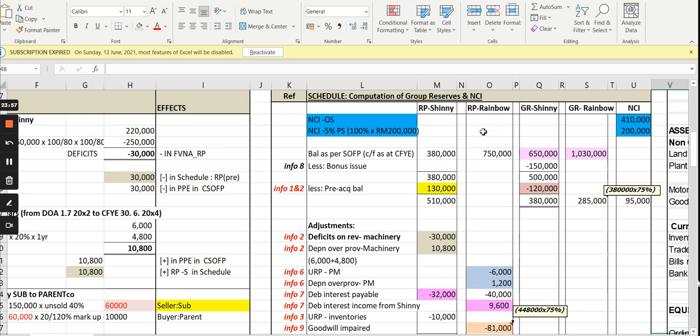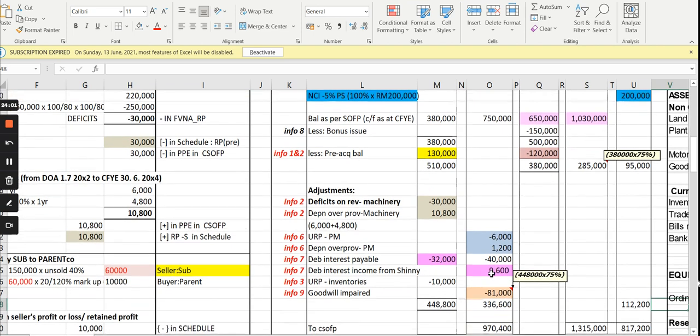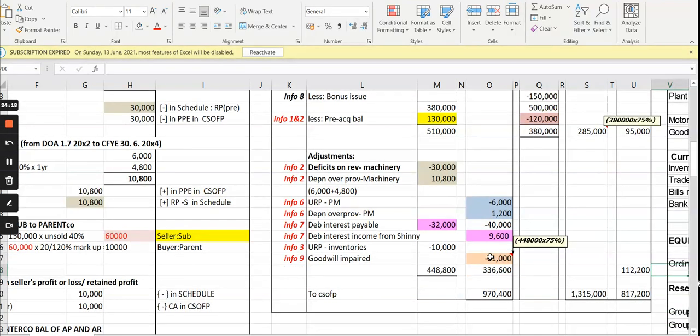Whatever that you debit or credit to the retained profit of the group or the parent company, adjust it here. What you debit is what you minus, what you credit is what you add. As simple as that. Anything that reduces the profit is what you also reduce in the schedule. Anything that increases the profit is what you also increase in the schedule.